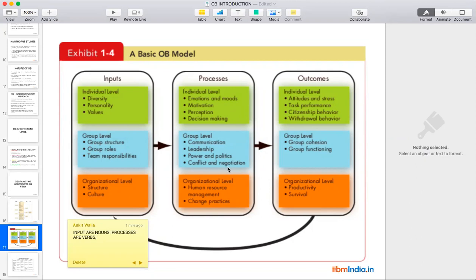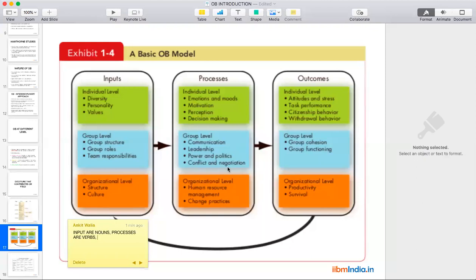And the last part is human resource management and the change practices. These are at the organizational level. At the organizational level, we're talking about human resource management: how companies consider the importance of people, their benefits, which may be monetary or non-monetary, their increments, their appreciation, certain roles, responsibility.